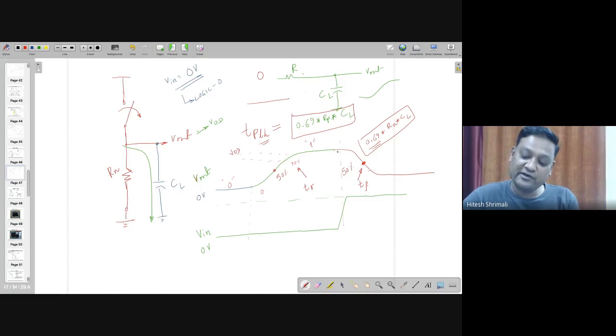Whereas if you are interested in finding the propagation delay going from high to low, which is associated with NMOS, then it becomes 0.69 Rn times CL. But right now we are only talking about one inverter. However, we are going to use maybe 3 input, 4 input NAND gates and other things.